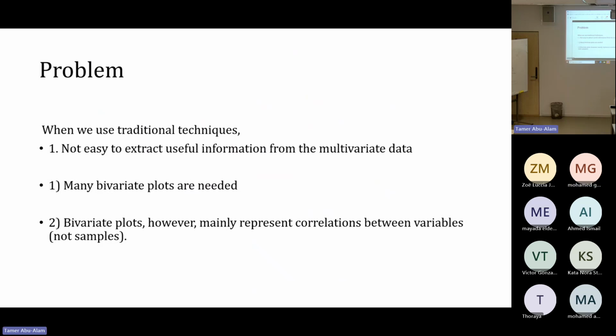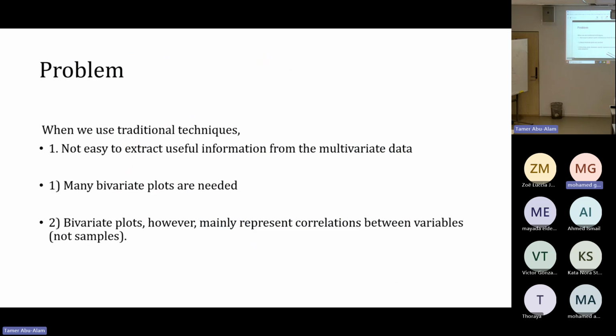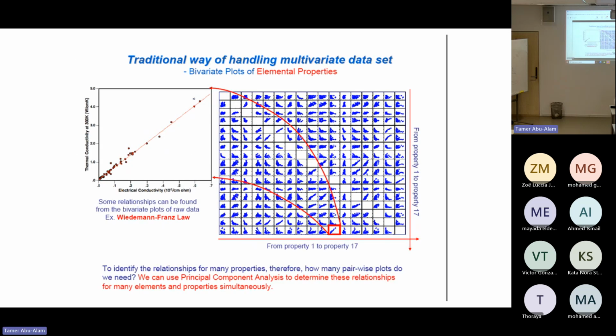Again, this is a problem. It's not easy to visualize this data. The best way is the bivariate plot, which is something like this. This is variable 1, variable 2, variable 3, up to variable 100, and within each one you draw X and Y and start to look at the correlation.